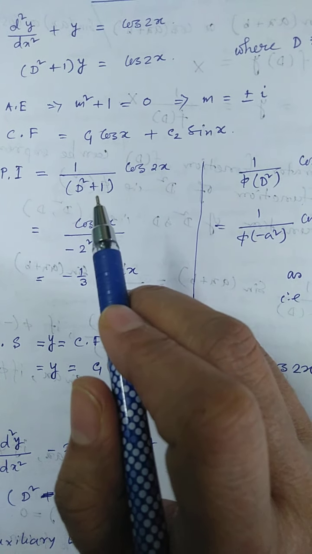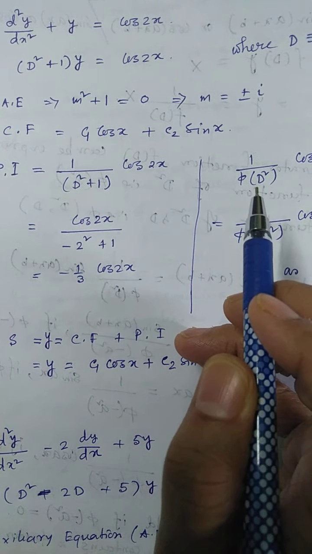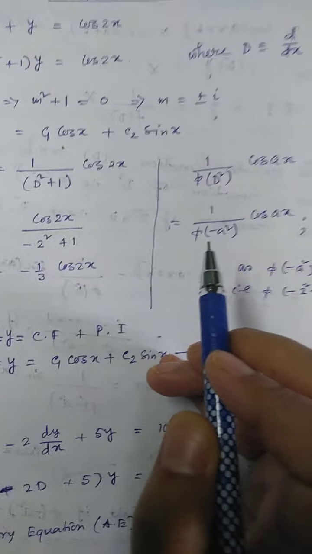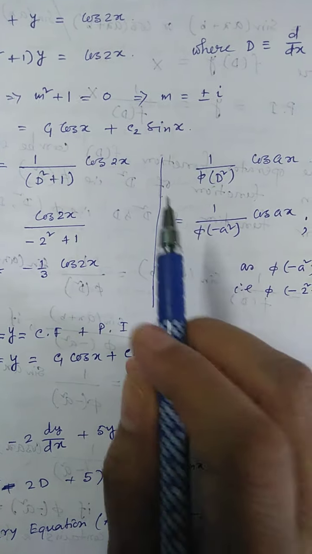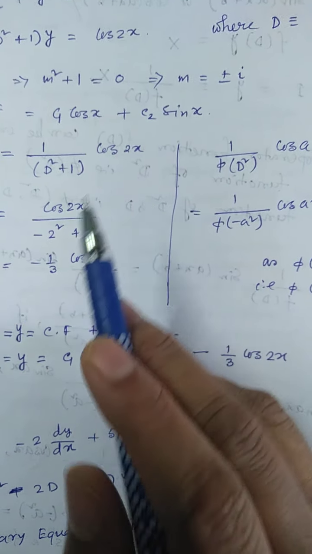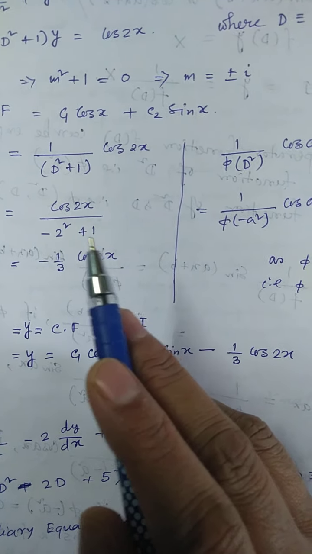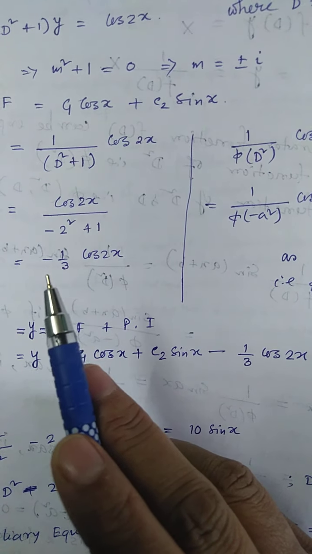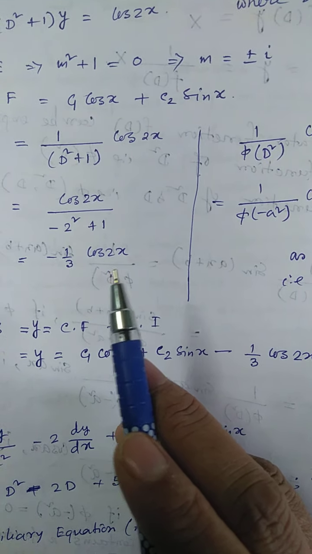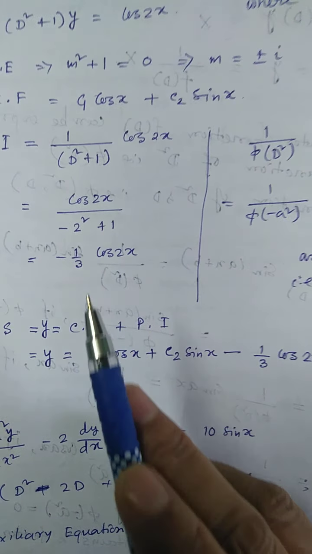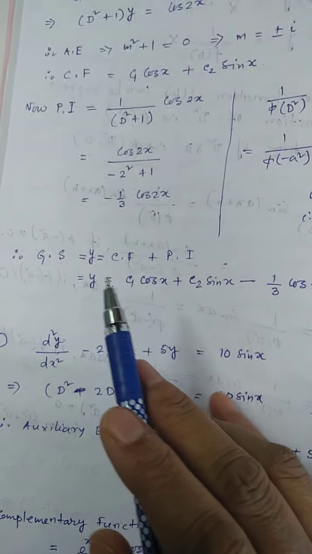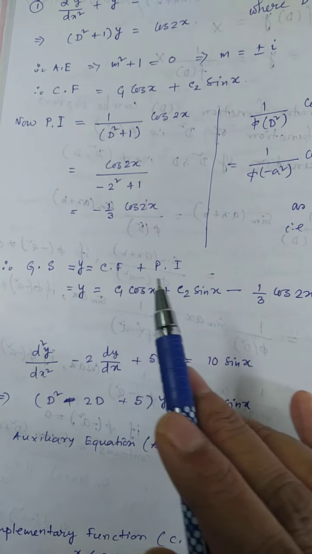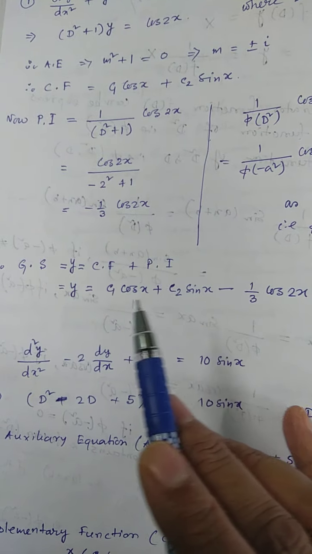Here D² + 1 is phi of D², and D² is replaced by minus a², where a equals 2, so minus 2² + 1. Since the value of minus 2² + 1 is not equal to 0, this is equal to minus 1/3 cos 2x. This is our particular integral. So the general solution is y = complementary function + particular integral, and this is our required result.